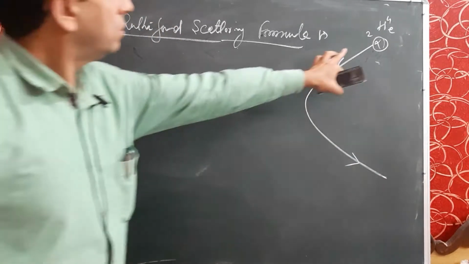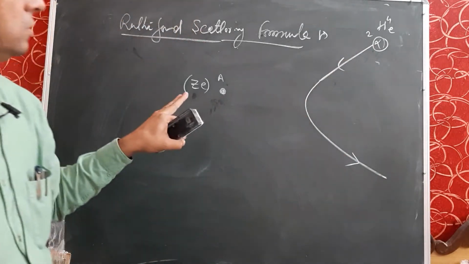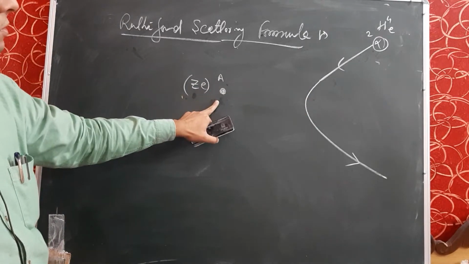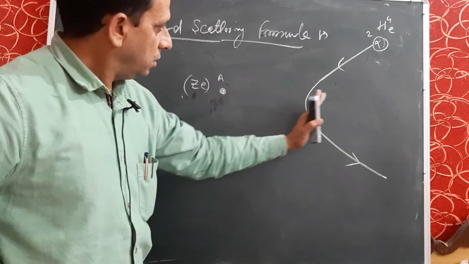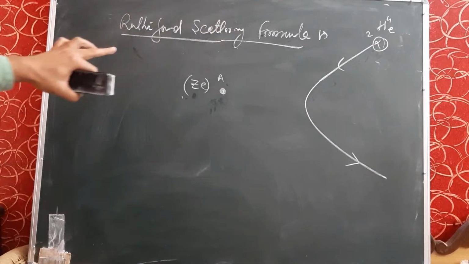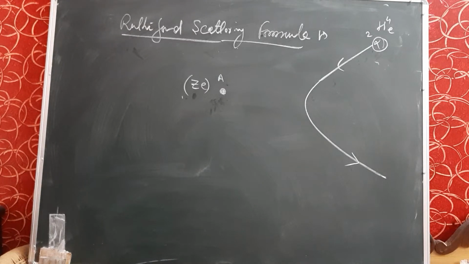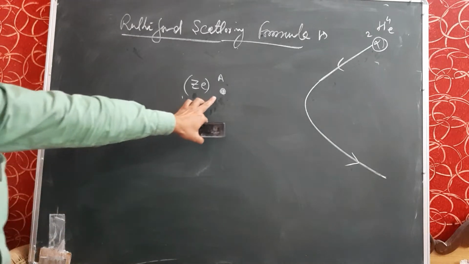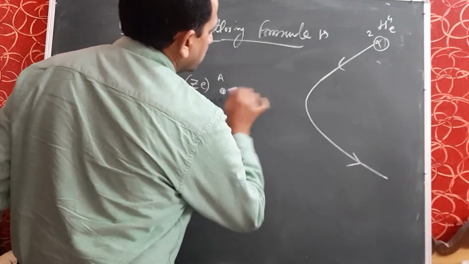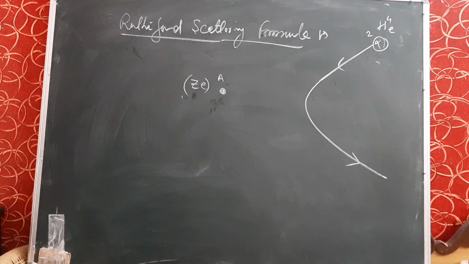So, it will not reach very near to the nucleus. The nucleus repels the alpha particle from a large distance. So, it is called interaction. It is not a collision physically, it is basically an interaction between 2 particles.